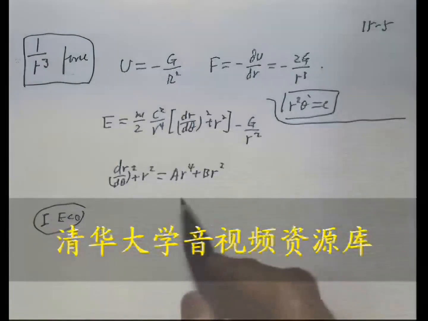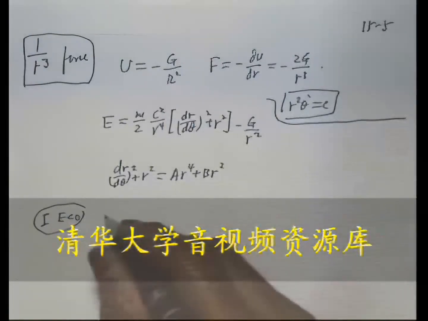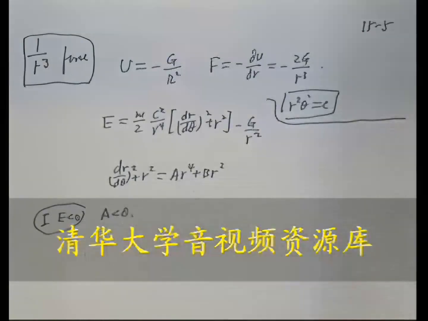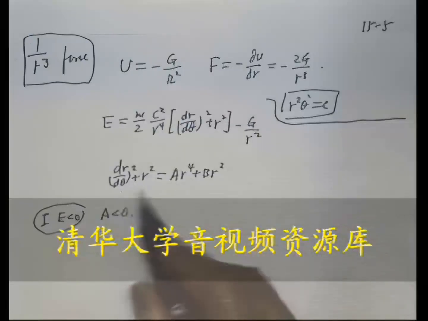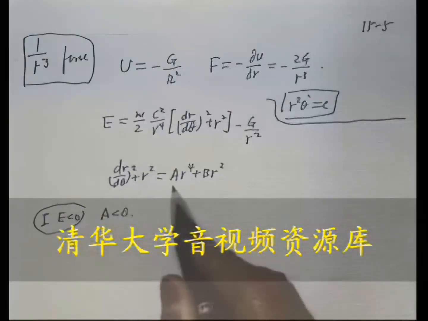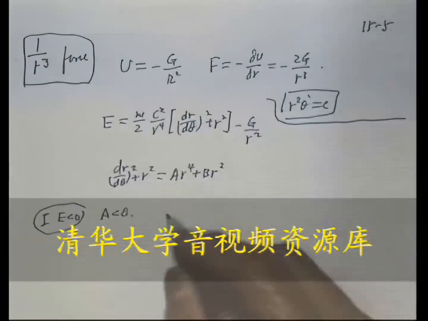In this case, that means A 是小于0，因为 A 是 proportional to E 的。The left side is positive. This is negative. So B has to be greater than 0.